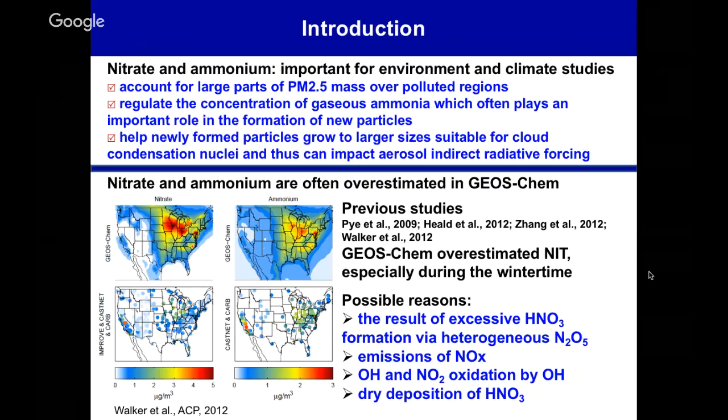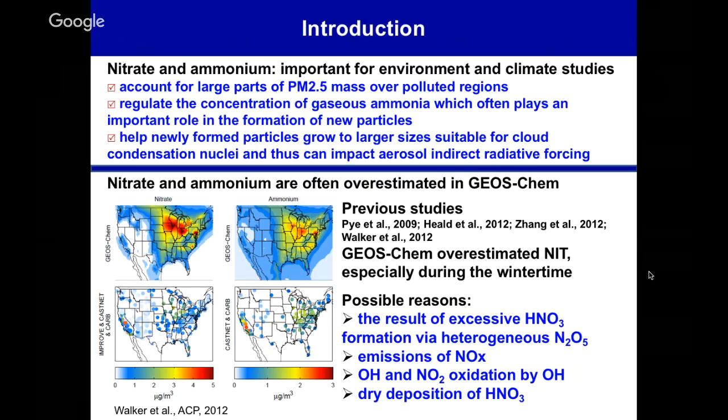The possible reasons suggested by previous studies include the uncertainty of N2O5 chemistry, emission of NOx, uncertainty of NO2 oxidation by OH, and the dry deposition of nitric acid gas.